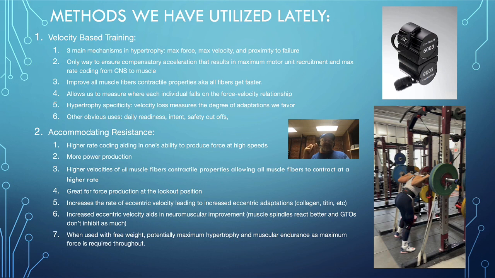But with velocity, same day you can teach an athlete what it means to go maximum speed. So improve all muscle fibers' contractile properties, aka all fibers will get faster if you're moving at a high rate. Allows us to measure where each individual falls on the force velocity relationship.